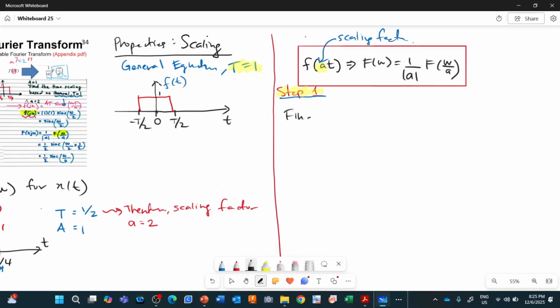Find F omega for T equal to 1. Means that general signal or equation.